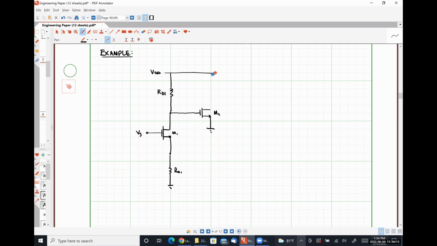We're going to ground this guy. Let's have some resistance here, RD2. And then we're going to take a portion of the output signal, Vout here, and apply it through some sort of feedback network here. I'm just going to call this resistor RF, like so.